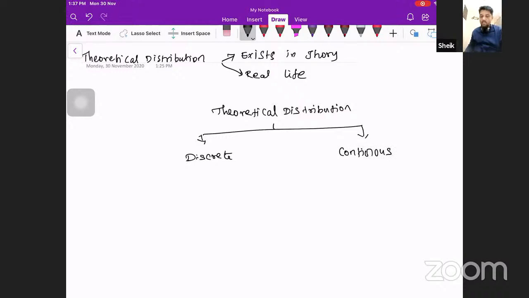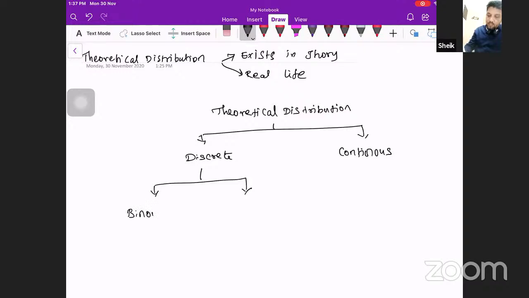I hope you remember the meaning of discrete and continuous. When there is a probability distribution and x is an integer, we call it a discrete distribution. When x is any real number, we call it a continuous distribution.